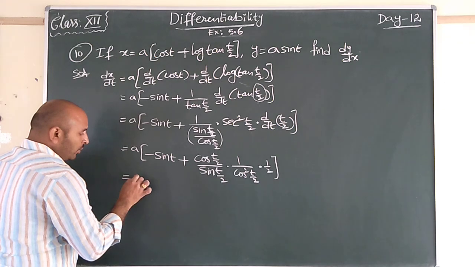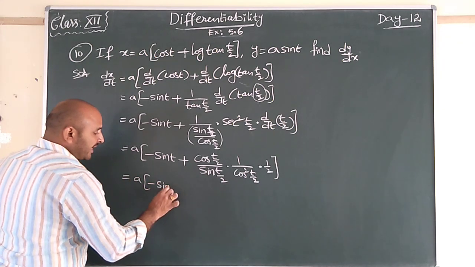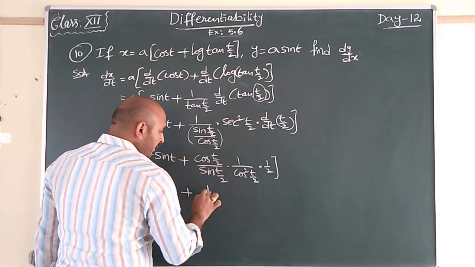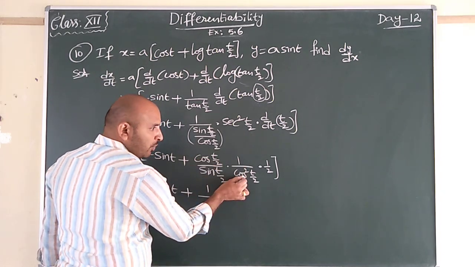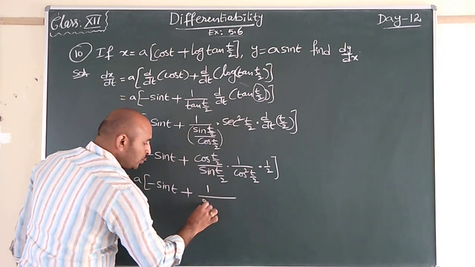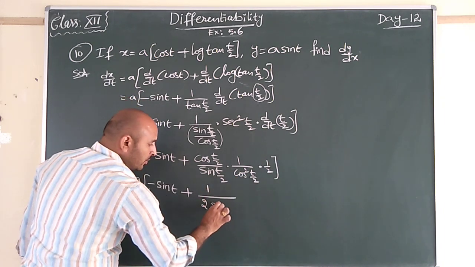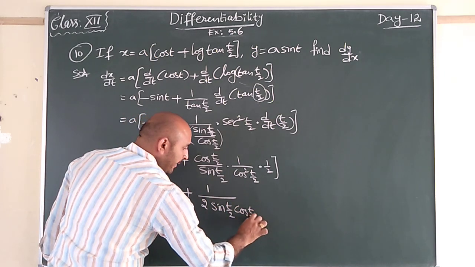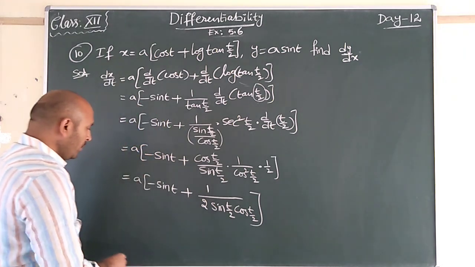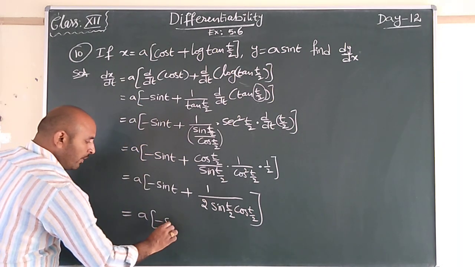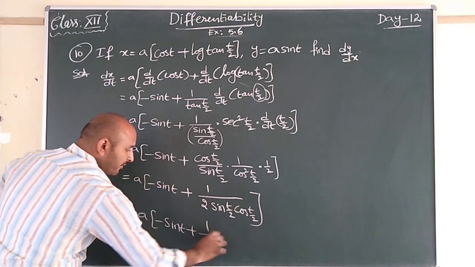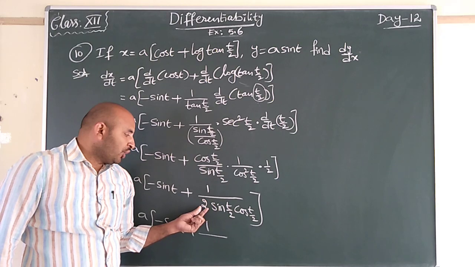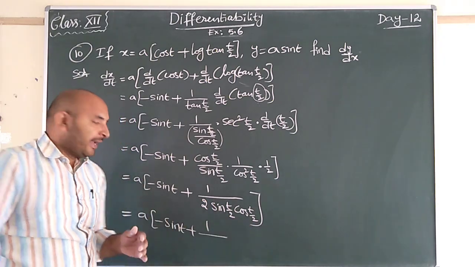So it is equal to a into minus sin t plus 1 divided by, here one cos and one more cos are cancelled, 2 into sin t by 2 cos t by 2. This is the standard half-angle formula in trigonometry: 2 sin t by 2 cos t by 2 is sin t.